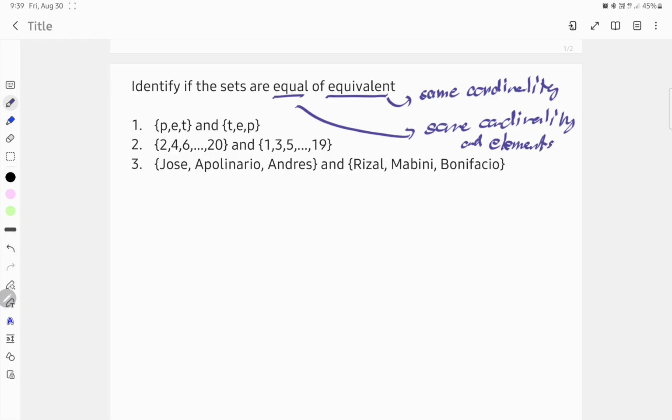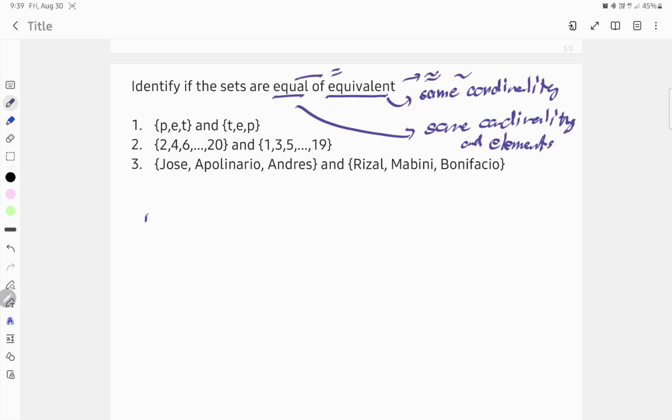If the elements are the same and the cardinality is the same, we call it equal. When it comes to equivalent, it will have the same cardinality. The symbol for equivalent is like that, and in some other books, it's this curly one. But for equal it is this one, the straight one.